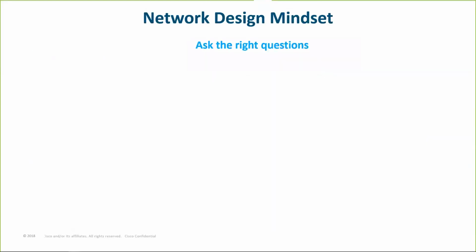Now, this is the part where we already got some information from the business, but we don't necessarily have all the information we need. So what do we do? We start our process of asking the right questions and finding the information. We are trying to find all the hidden requirements, all the covert requirements. We might have a customer who says, I'm going to expand my operations to Asia.